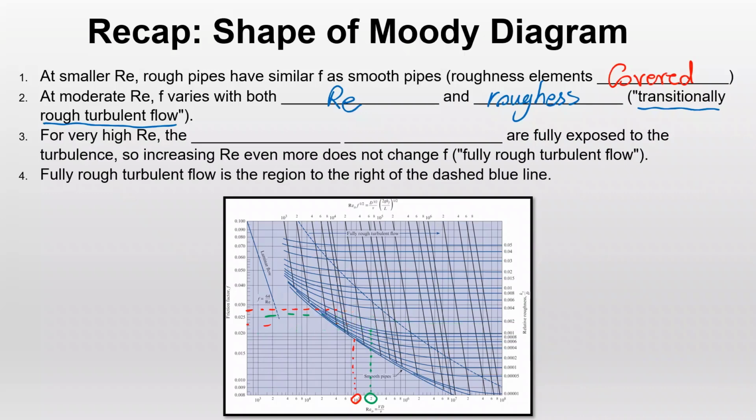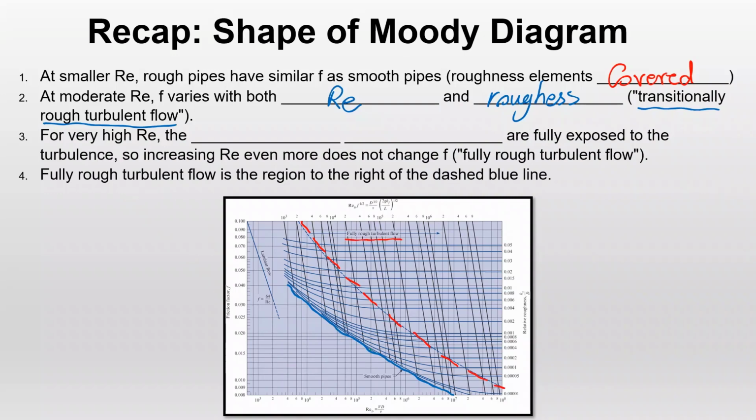Let me actually clean this a little bit to be able to show the transitionally rough turbulent flow region. So the line that I'm going over with my blue marker is for smooth pipe, the last line in the Moody diagram. Now there is a dashed line that I'm going over right now with red, like this. If you read this, it says that this is fully rough turbulent flow.